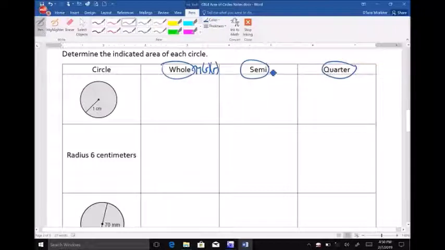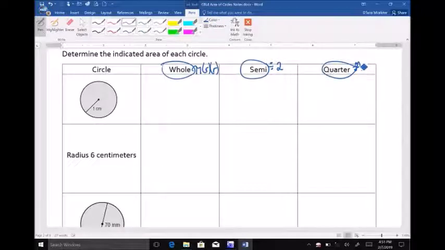The semicircle will be the same, pi times radius squared, but then we'll be dividing by 2 because it is a half circle. And how about the quarter circle? We will be dividing it by 4. Very good.